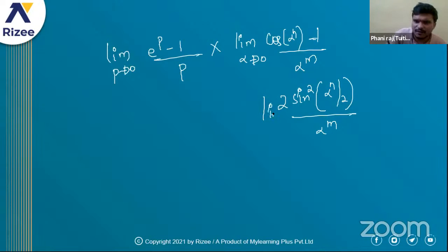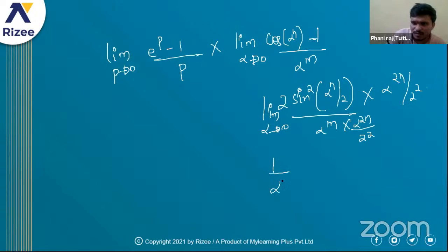Now you see this is limit alpha tends to 0. Now multiply and divide by alpha power 2n by 2 square into alpha power 2n by 2 square. Why am I doing this?